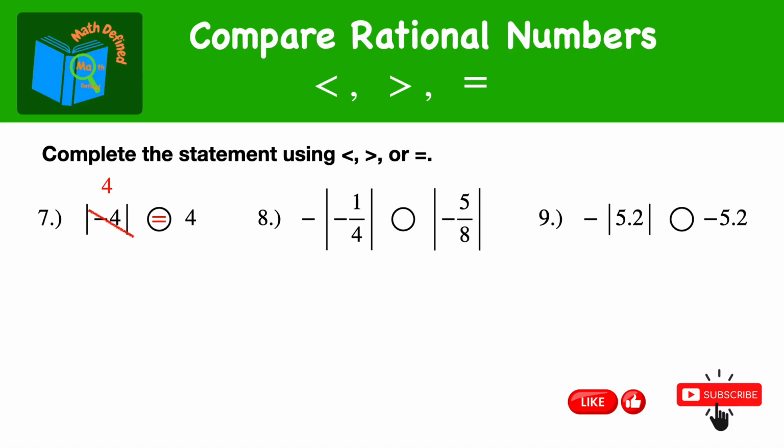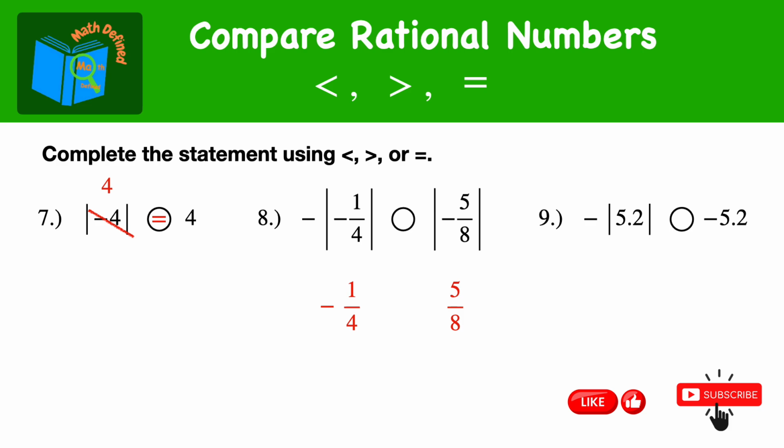Moving on to number 8. We have 2 absolute values to simplify. Starting on the left with the negative absolute value of negative 1/4. First, simplify the absolute value to positive 1/4, and then apply the negative sign outside the bars. On the right side, simplifying the absolute value of negative 5/8, we get positive 5/8. So now we're comparing negative 1/4 to positive 5/8.